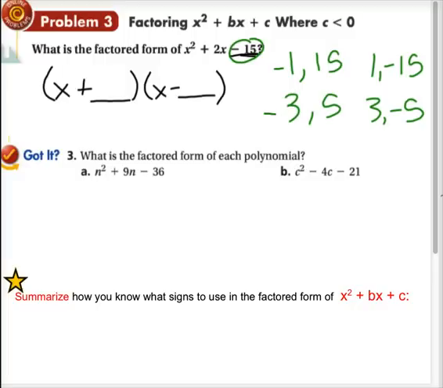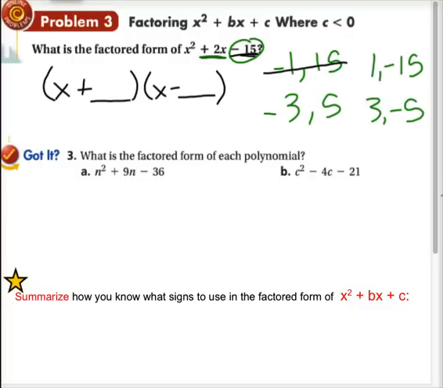So now, because of that negative, we're getting kind of double the options going on here. But our end result is still going to be the same. Now that we've paired all the ways to multiply to give us negative 15, our goal is to find which one of those adds to give us that positive 2. So if we run through our options, negative 1 and 15 adds to 14.